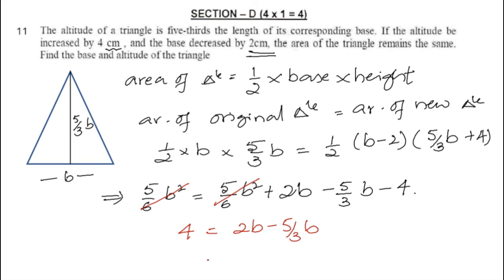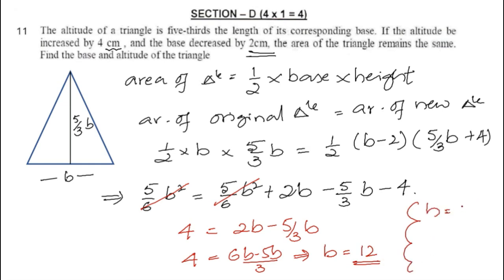On taking LCM, this becomes 6 minus 5 will be 1. So 6b minus 5b over 3. We get the value of b as 12. So this is the base and the height will be 5/3 times of 12. 5 multiplied to 4 is 20.